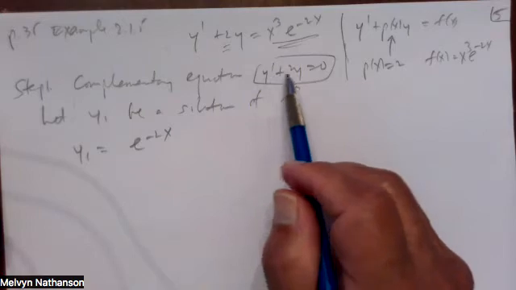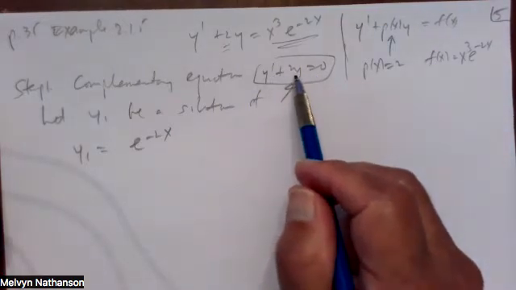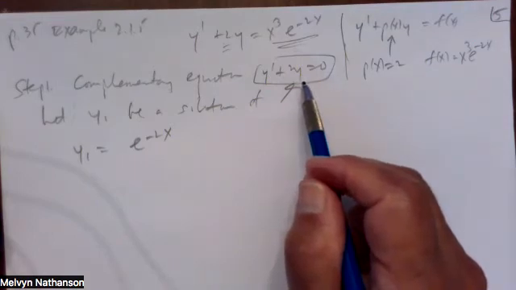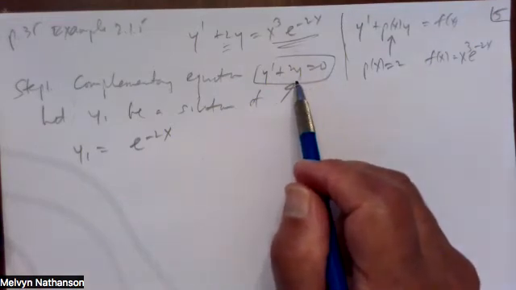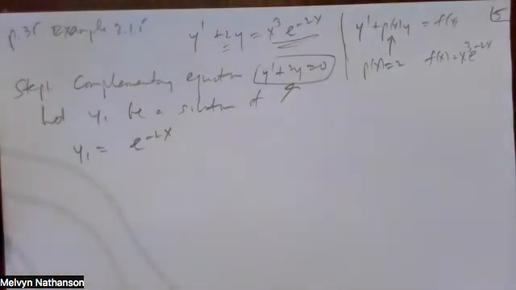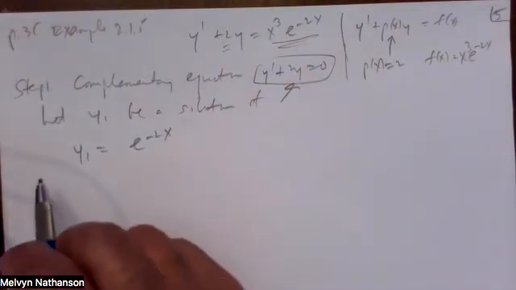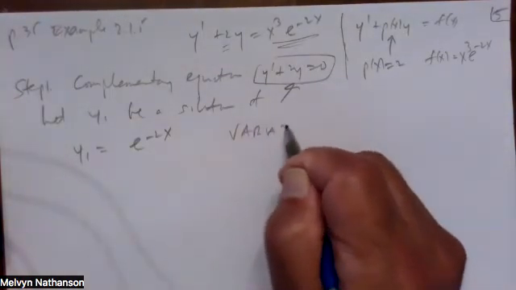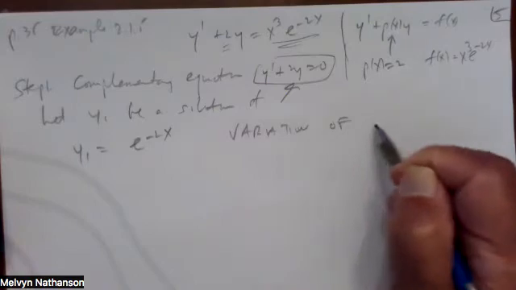If you have y prime plus 2y equals 0, you learned in Calc 2, second semester calculus, that a solution is any constant times e to the minus 2x. All right, and now we want to use a technique which is called variation of parameters.